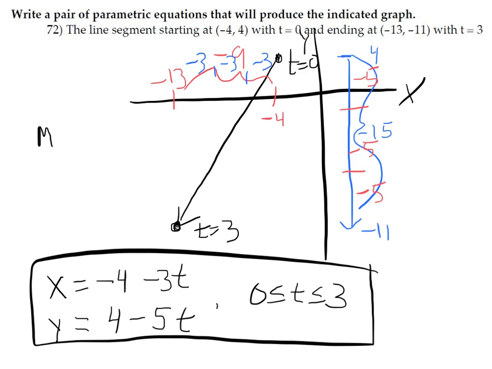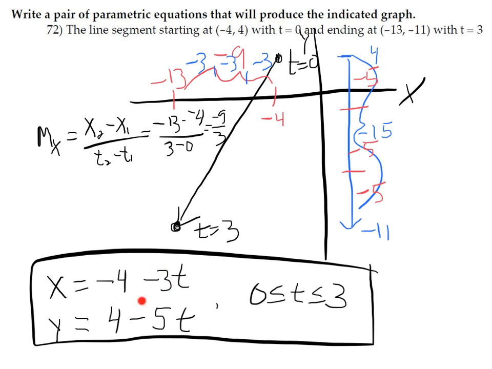The slope of the x variable is x2 minus x1 over t2 minus t1. That would give us -13 minus -4 over 3 minus 0, and that is -9 over 3, and that's how we get the -3.